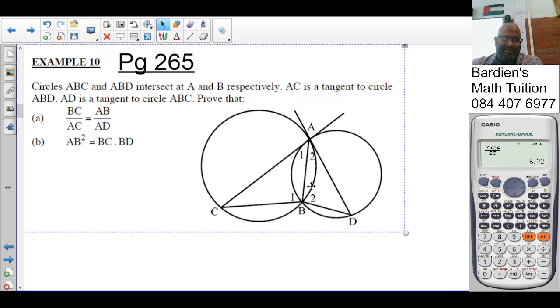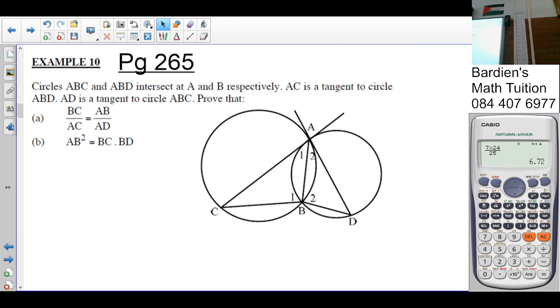You get home. Then we are told that AC is a tangent to circle ABD. So let's find circle ABD first. So ABD, the circle here. AC is a tangent. If AC is a tangent, what do we know? Many things. Yes, Sheila, go for it.